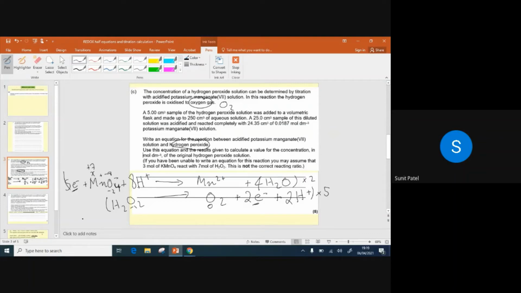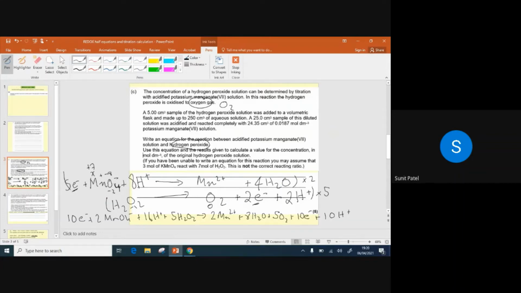So once we add everything together, we have 10 electrons plus 2MnO4 minus plus 16 H pluses plus 5 H2O2 going to 2Mn2 plus 8 H2Os plus 5 oxygens plus 10 electrons plus 10 H plus ions.